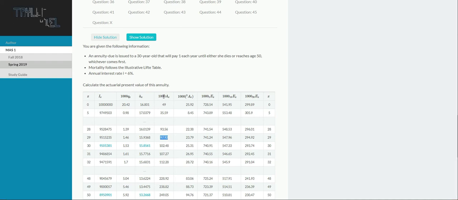So you can, using the discount rate and this capital A, actually calculate this annuity due if you wanted to. But for this problem, we don't need this quantity. We're just going to end up using this column here.